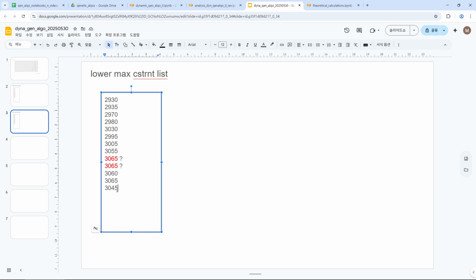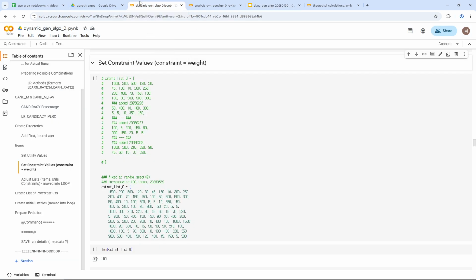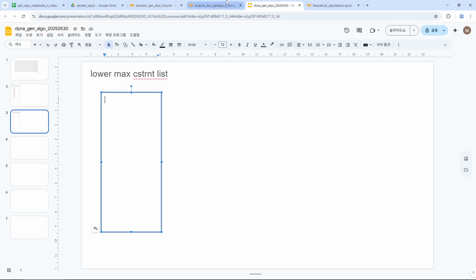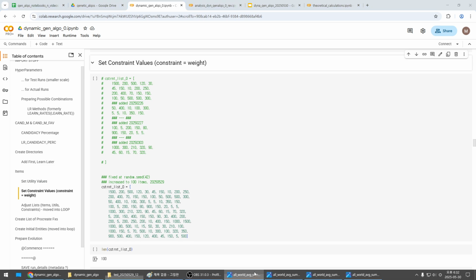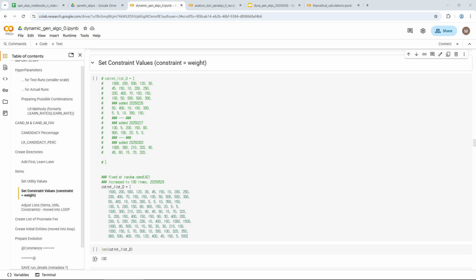So I lowered it, and so, when I have lower maximum constraint values, that's what I'm going to demonstrate now.